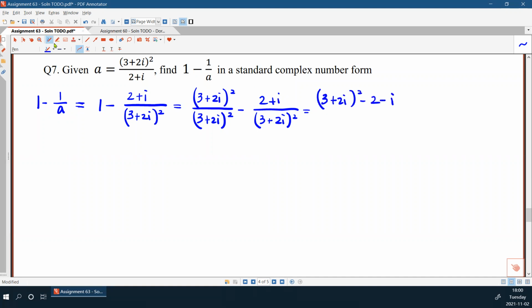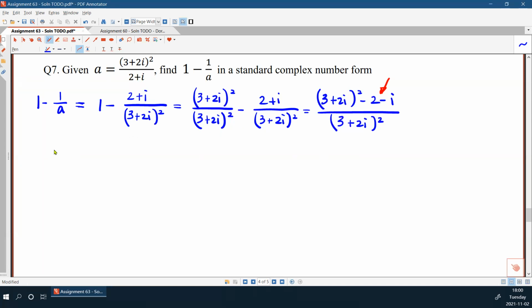So pay attention to the minus symbol here, right? This is not a plus, but a negative symbol here. Usually, it's very easy to make mistakes here. Over the common denominator, which is (3 plus 2i) squared.